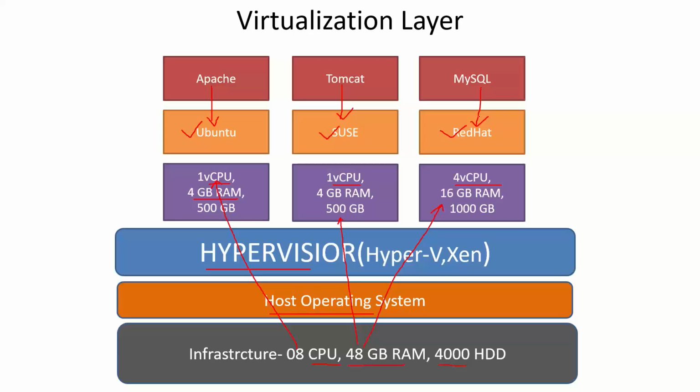So two purposes are solved. I'm effectively utilizing my infrastructure, and operating systems of my own choice, the application requirement getting done. I hope this method of slicing the hardware, partitioning of hardware, gave you much clarity regarding virtualization.